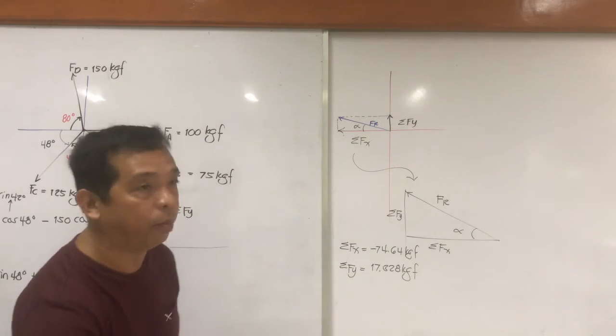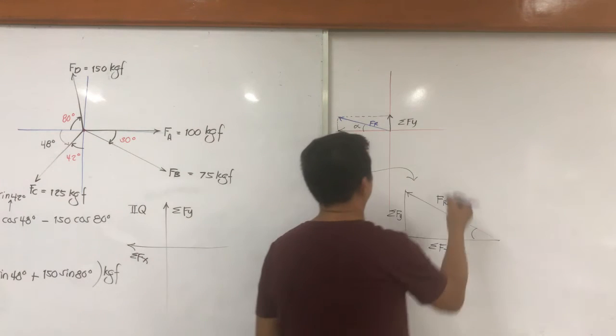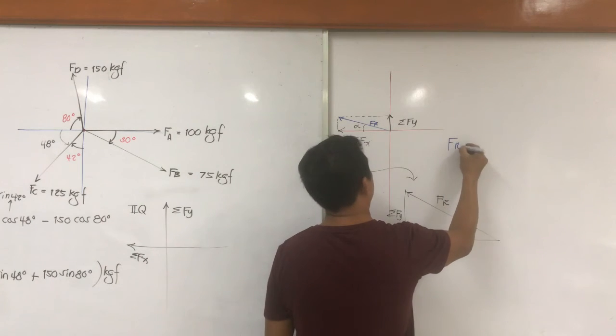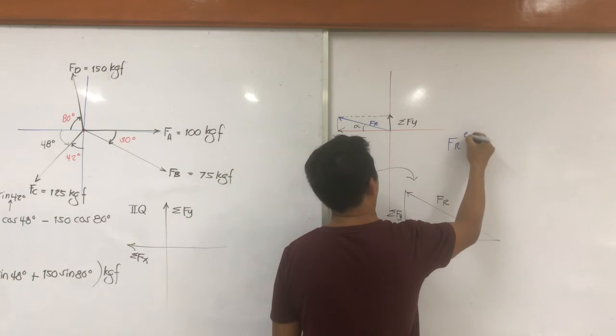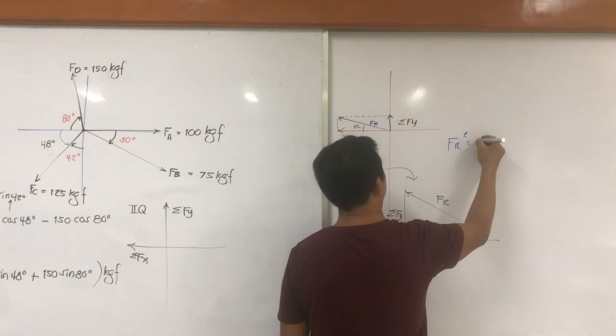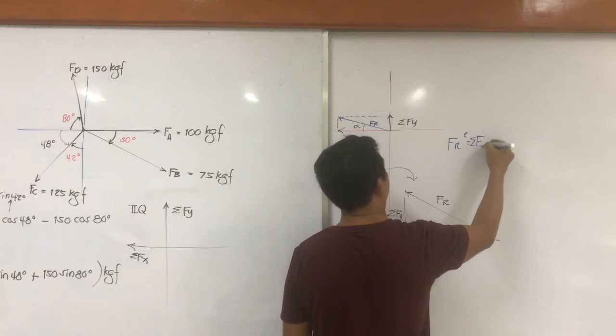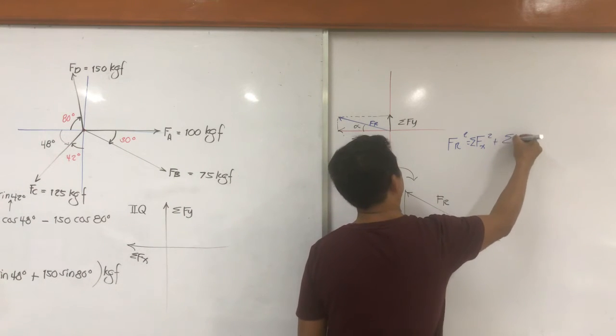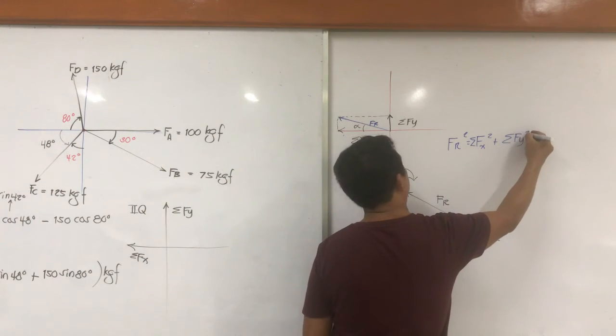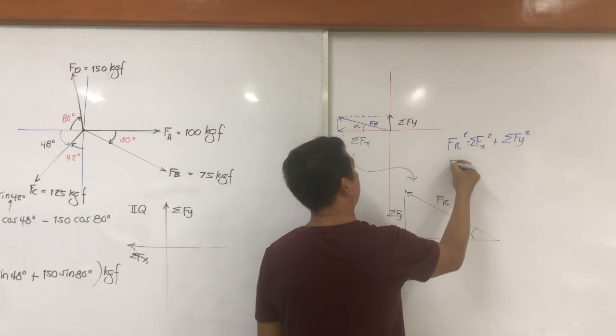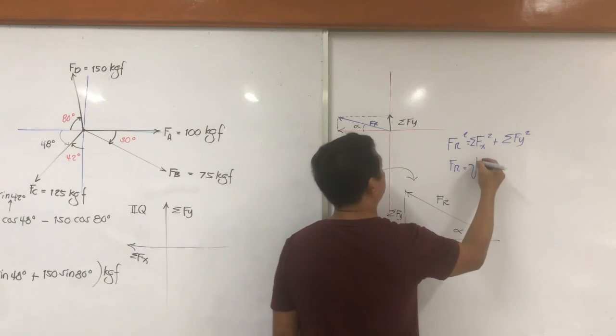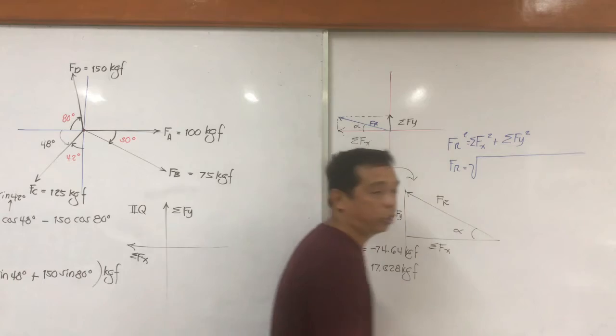Dahil right triangle na po, our formula for FR would have to be FR squared is equivalent to your summation of forces X squared plus summation of forces along the vertical squared. So, your FR will have to be the extraction of the root of the sum of the squares.